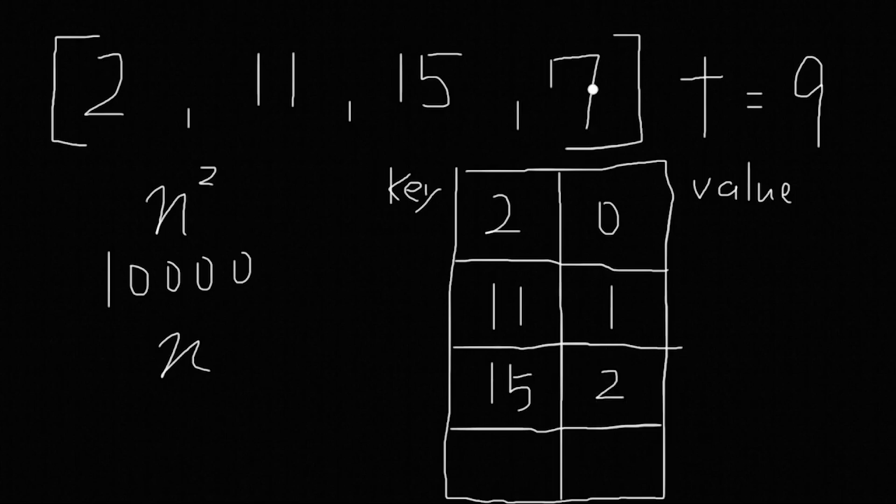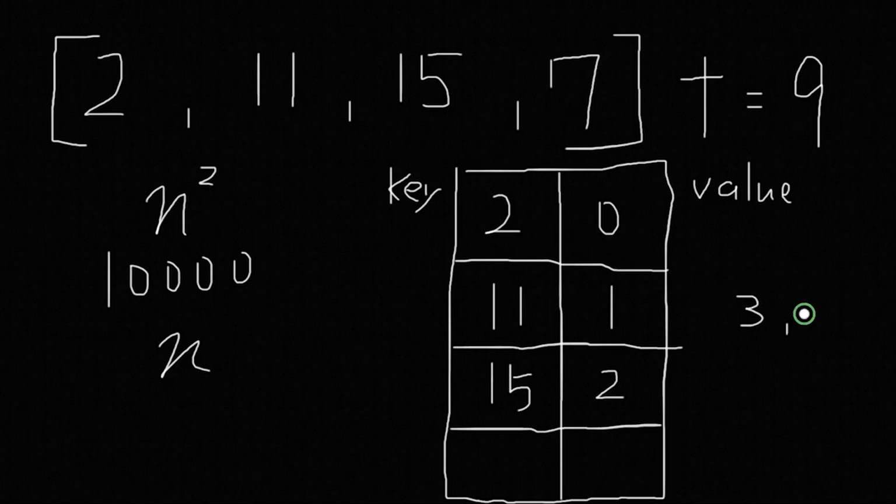Then move next. Now we are at 7. 9 minus 7 is 2, and we try to find 2 in the hash. So we have 2 here. In that case, return the current index, 0, 1, 2, 3, so 3, and the index 0 from the hash.